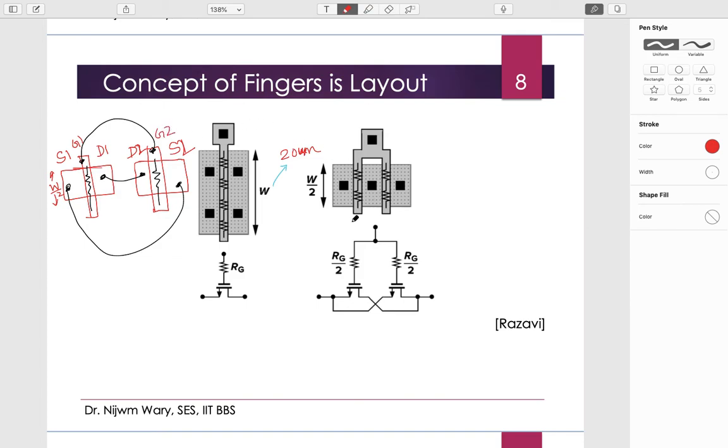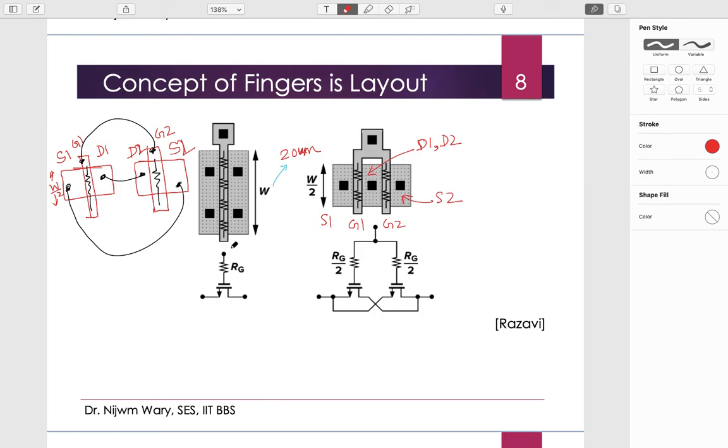So here it will be gate 1, gate 2, source 1, the combined drain 1 and drain 2, and source 2. Because of this parallel splitting of gate 1 and gate 2, the overall resistance reduces.